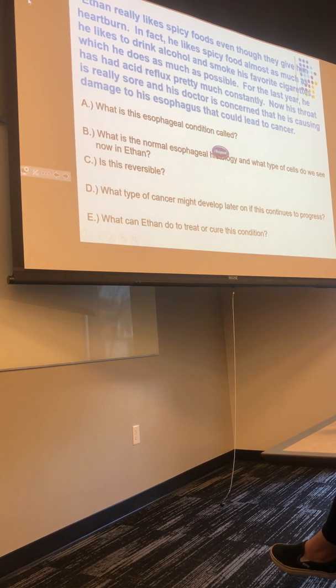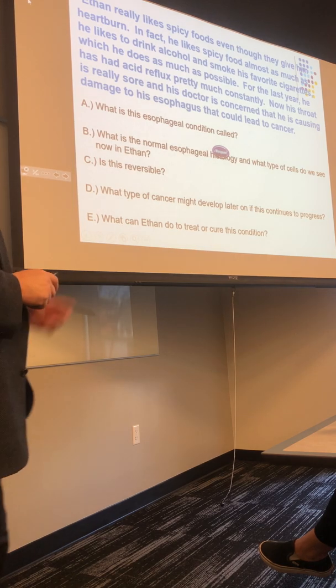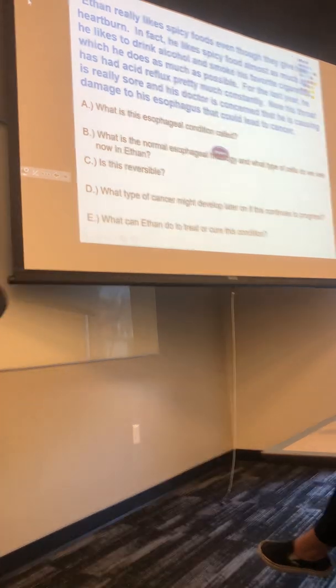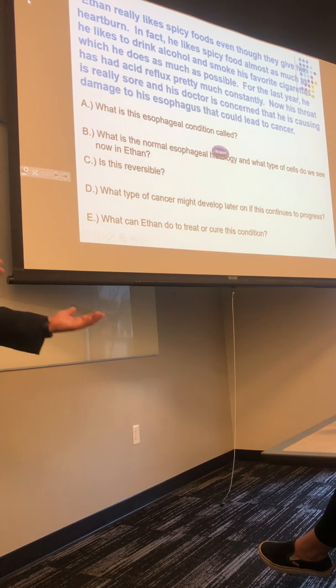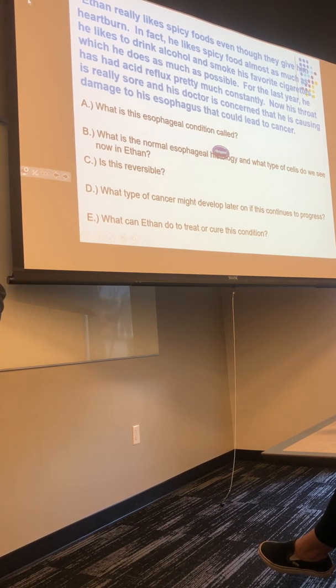What can you do to treat or cure this condition? Lifestyle change. Yeah, everything here, stop. Right? Okay, guess what? Ethan's not going to do that. He might. You got to recommend it. However, what else can you do to help? Tums? Sure. It's just going to keep him going.